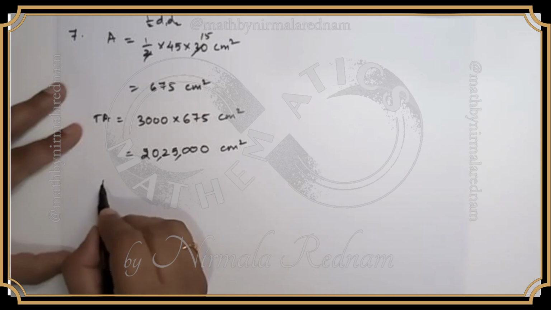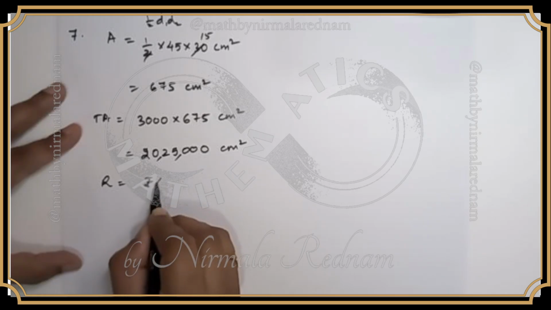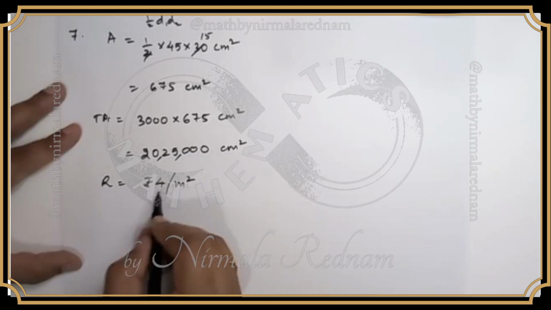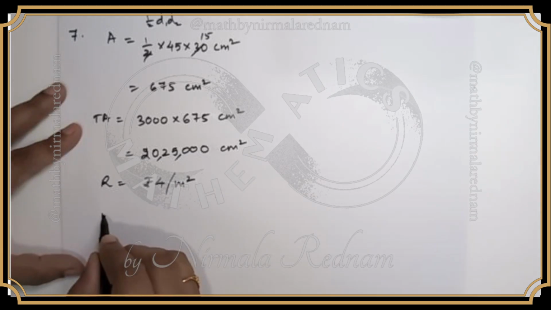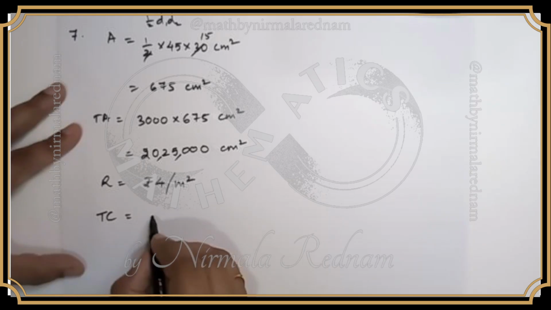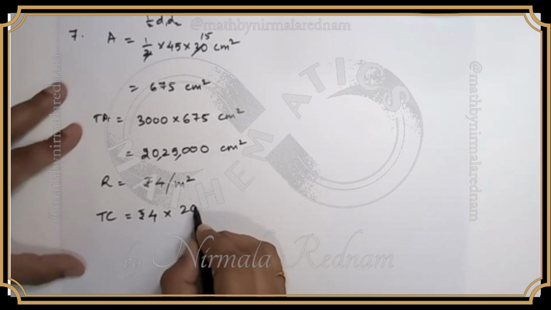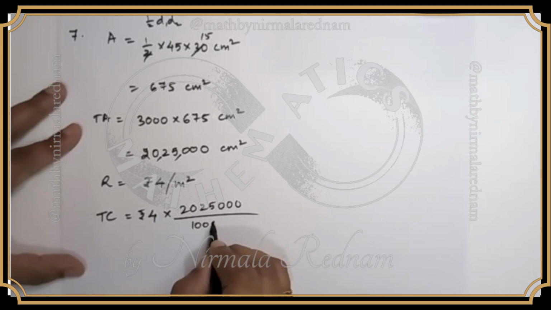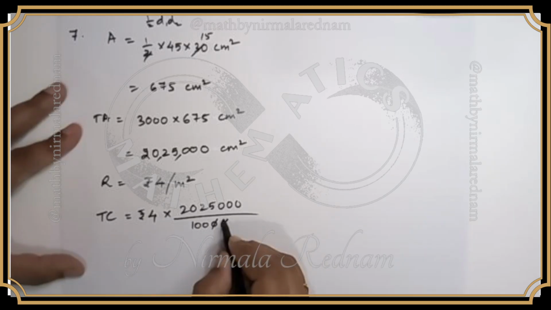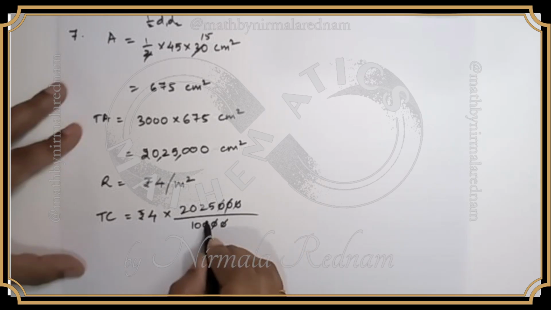Now the rate is given as 4 rupees per meter square. So for the total area, the total cost is going to be 4 into, now mind you, this is in square centimeters. I have to convert it to square meters. So I'm going to divide it, right?